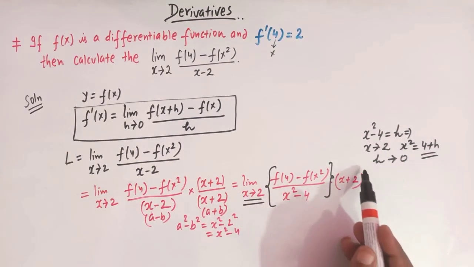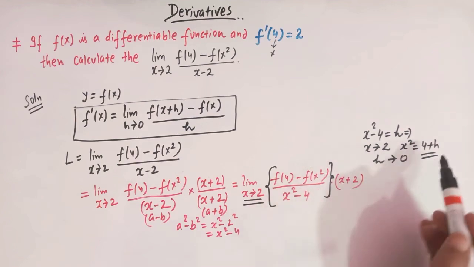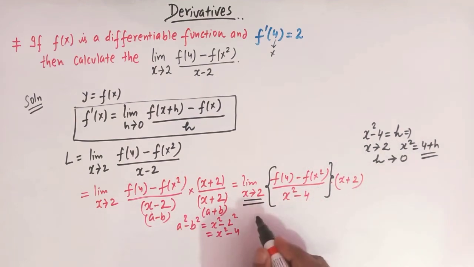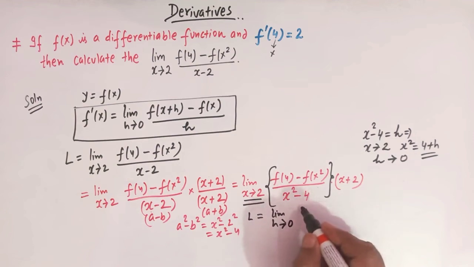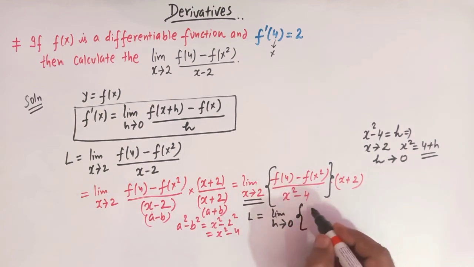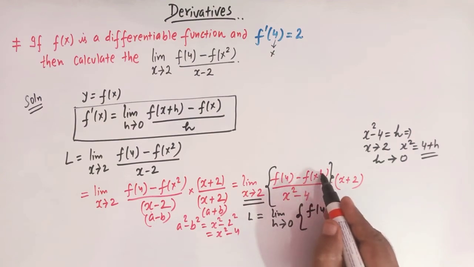Let us now express this limit in terms of h. So L is equal to limit h tends to 0, because x tends to 2 means h tends to 0, of f of 4 minus f of x square.